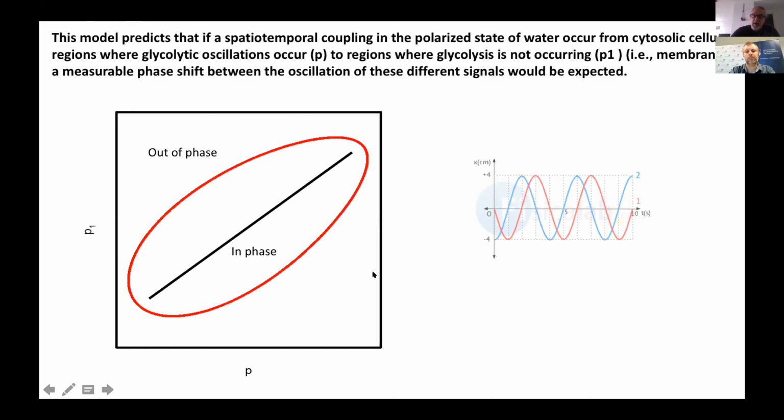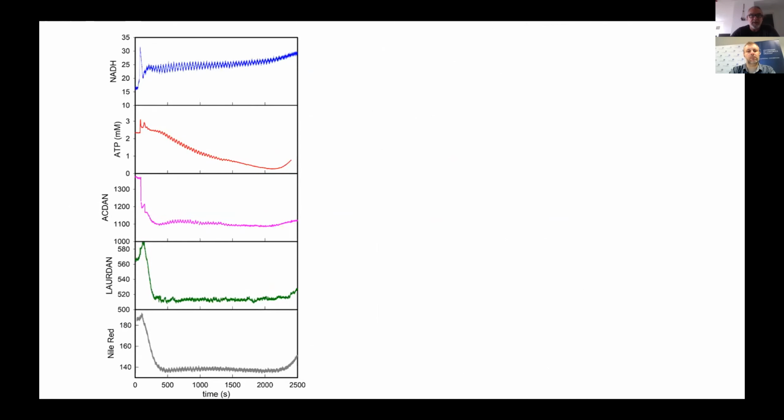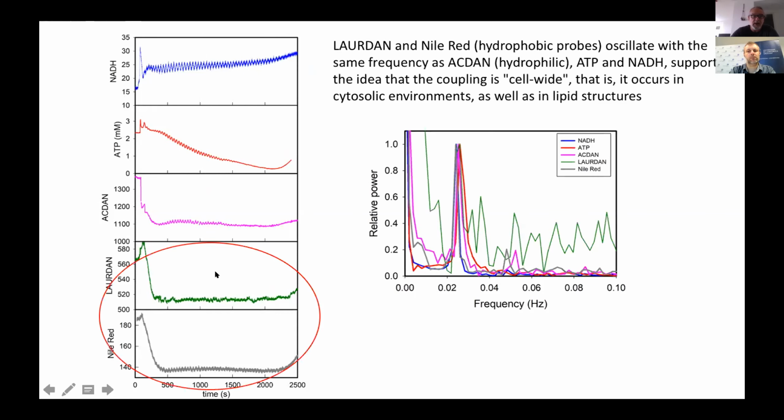Well, we did that experimentally, and this is very interesting because during the oscillations in glycolysis, it's not only Laurdan which is oscillating, but also Nile red. And this is, of course, Agdan, which is the more hydrophilic probe.